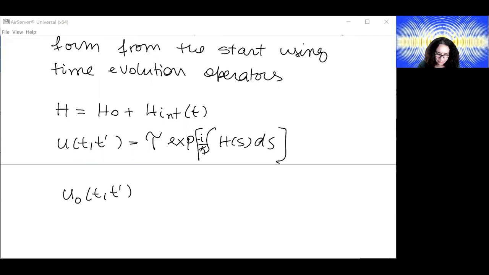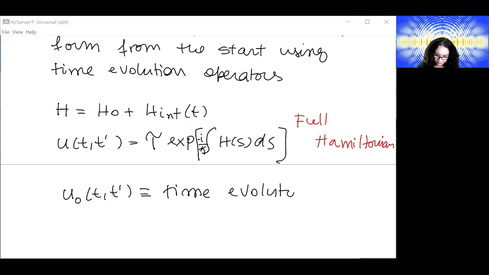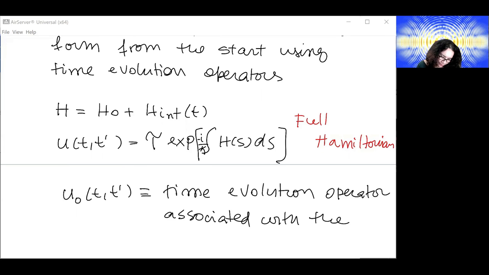So this is the time evolution operator associated with the full Hamiltonian, and this U naught is the unperturbed time evolution operator associated with the unperturbed Hamiltonian.